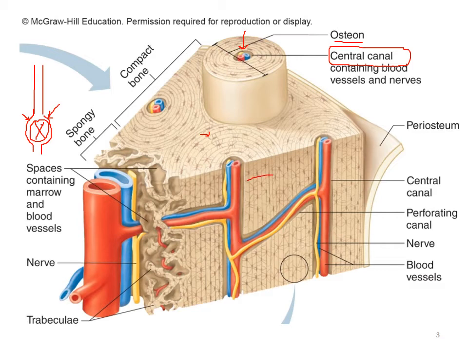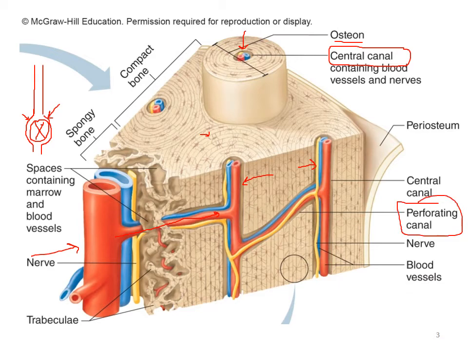But whatever the case may be, you can see these right here are shown where they're cut in half. So you can see the blood vessels going back and forth in the osteonic or central canal. Now, they are going to be connected to the blood source, these guys right here that are in the medullary cavity, and the blood is going to be working its way out through little parallel holes or canals called perforating canals.